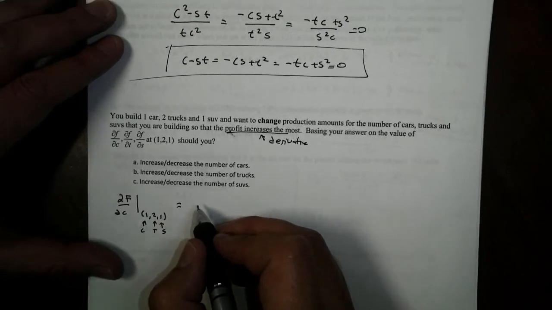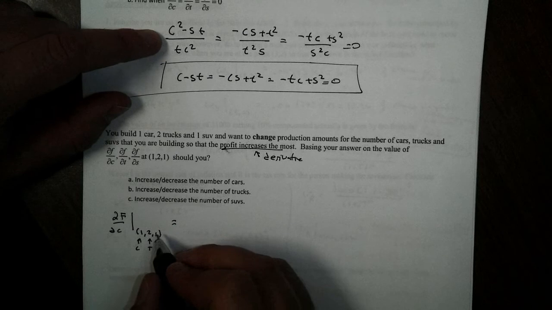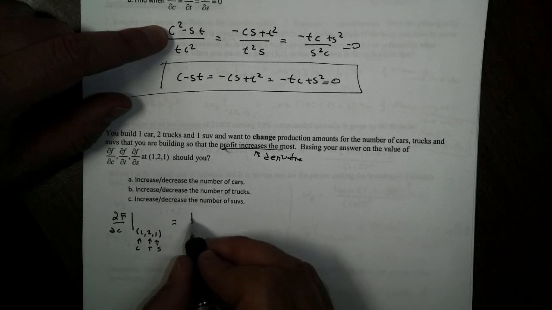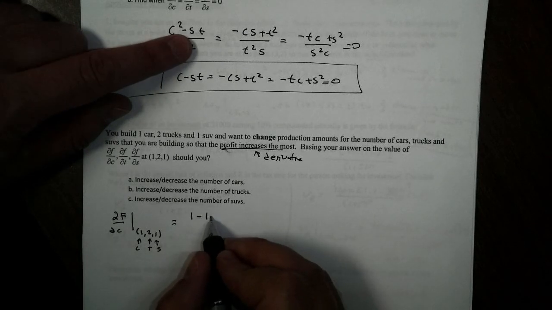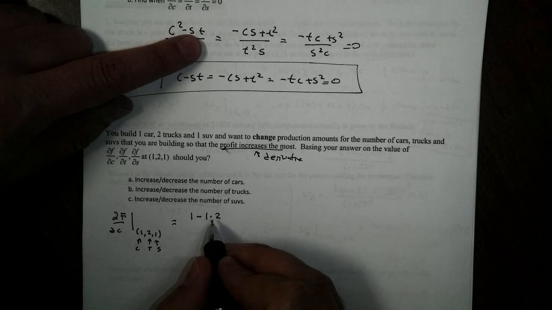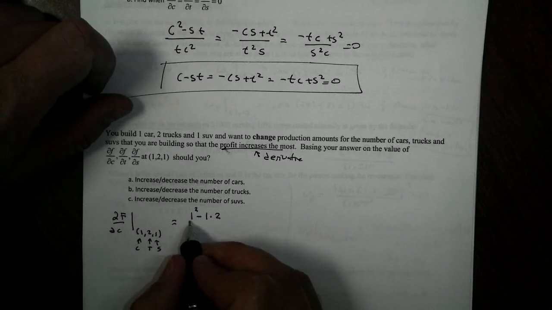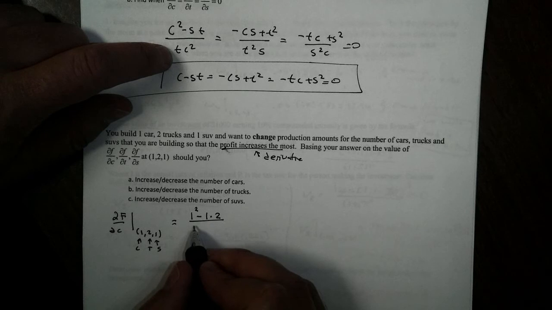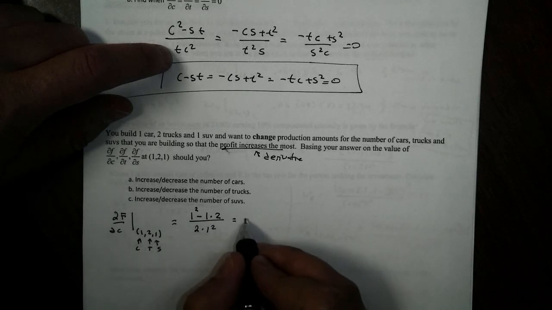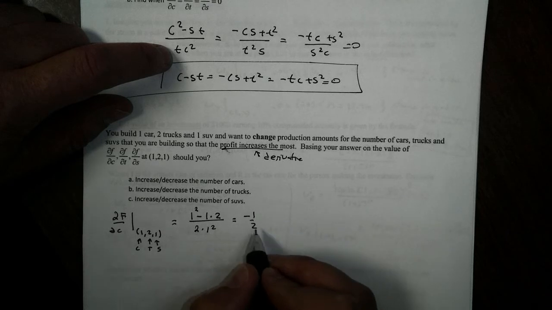If I go to the first one up here, cars becomes 1 minus SUV, 1, times trucks, 2, over trucks, which is 2, times cars squared, 1 squared. And if we simplify that, we get negative a half.